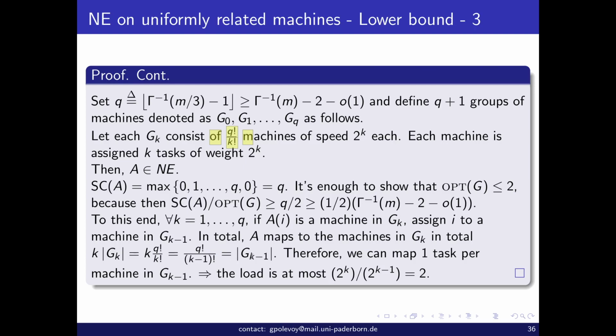That's exactly the size of GK minus 1 by definition. So in the new map we can map one task per machine in GK minus 1. There are enough machines. And the load is then going to be at most the size of the task, K, divided by the speed of the machine in GK minus 1, which is 2 to the K minus 1, which is 2.